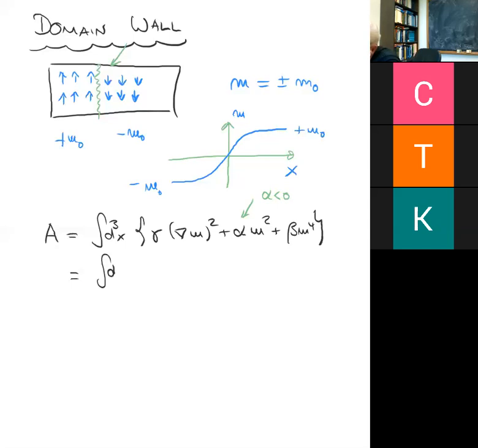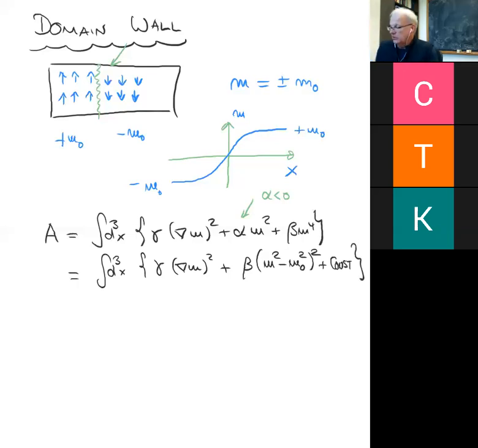So I can write it, the gradient term is still the same. But the polynomial part I will now write as beta times m squared minus m naught squared, squared, plus some kind of constant that we don't actually care what it is. Now, you can easily check that I've just rewritten this polynomial term, so you can just multiply it out to check.